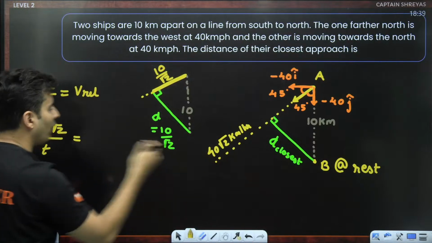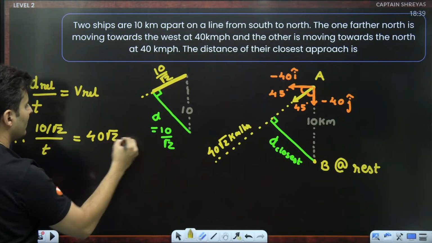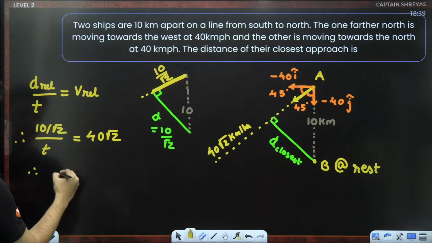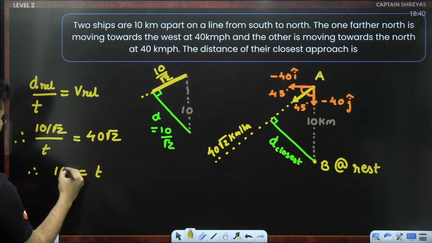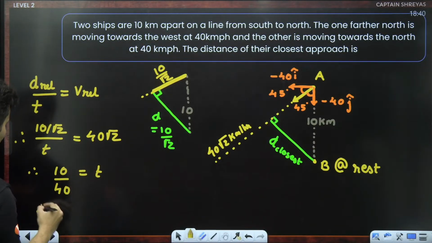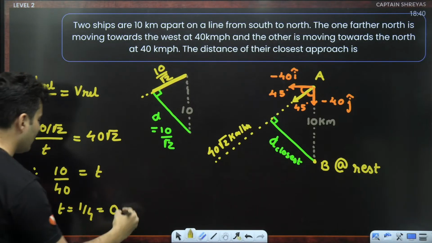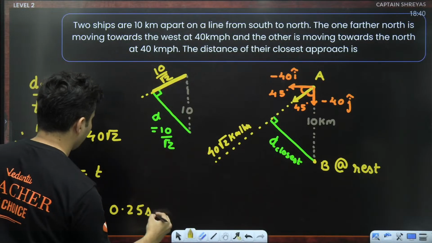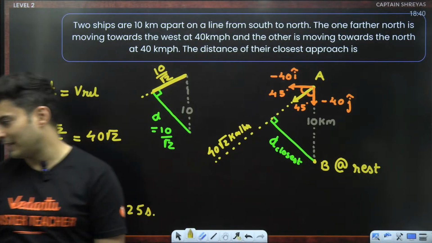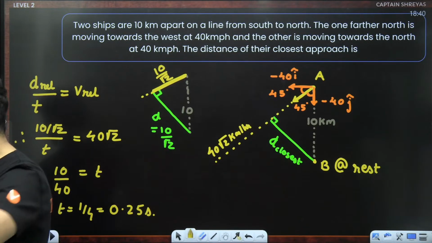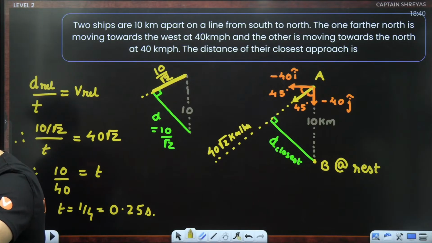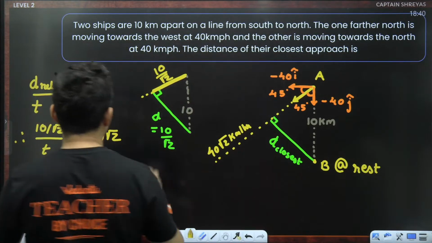Relative velocity is 40 root 2. Root 2 cancels, time goes on the top. It will become 10 by 40, the zeros cancel, it will become 1 by 4, which is basically 0.25 of a second. So within the next quarter of a second, they are the closest. Got it, everyone? Yep. So this is how you find the time.